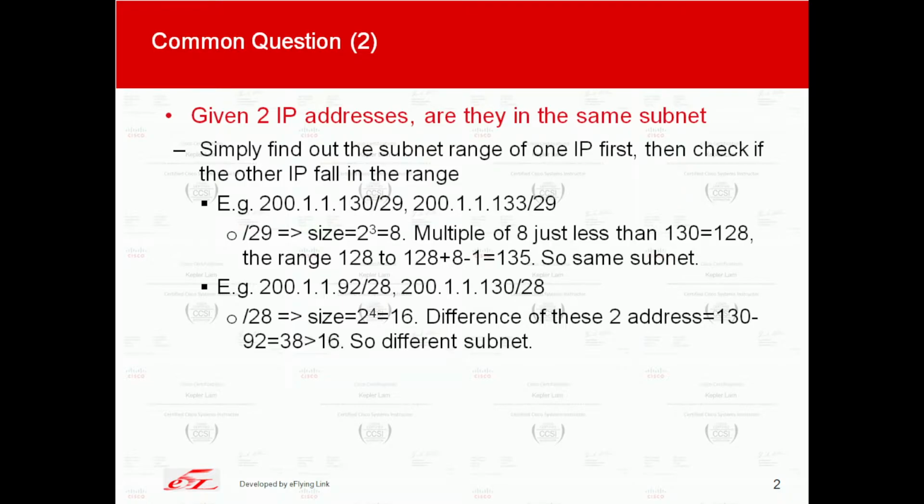Notice that in this case, you don't even need to find out the subnet range. Why is it? If you notice the difference between these two IP addresses, which is 130 minus 92, that is 38, right? 38 is greater than the size, so they should be in different ranges. That means these two IP addresses are in two different subnets.